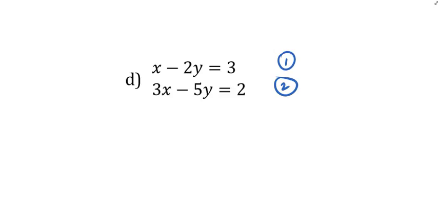Not in one step. This is why you need to practice and be able to think a bit open-mindedly about this stuff. Some people always want to do it the exact same way, so they're always going to try to eliminate y. And in this case, that would be more work. Because you'd have to multiply this by 5 and that by 2, turn them both into 10. But it's more work. So that's what we're aiming for. In this case, I would say either.